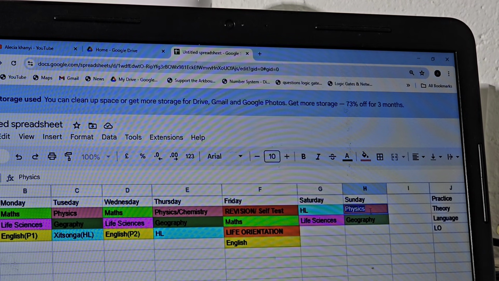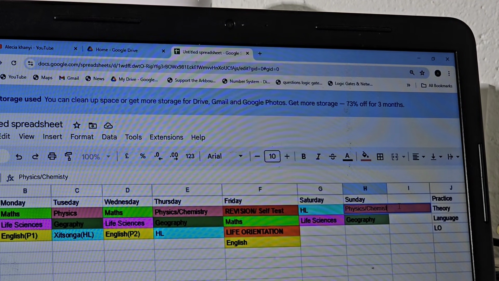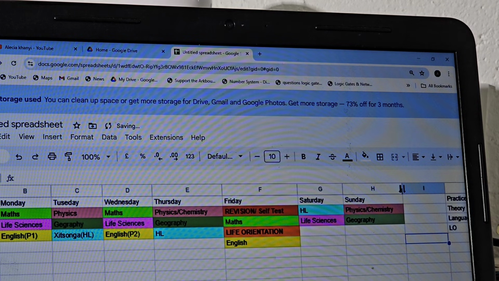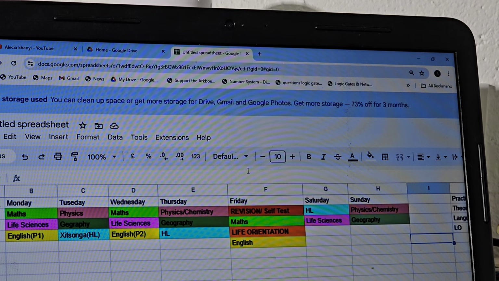I can say physics or chemistry for this. It's up to you, really. So I'm saying you need to build that self-independence. Chemistry. Let's enlarge that a bit for space, for size. Okay. I just hope all of this is visible in the camera.